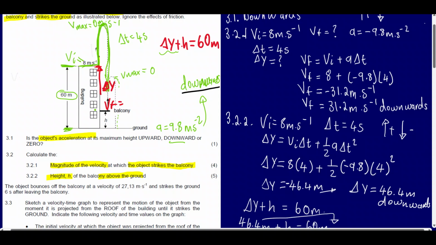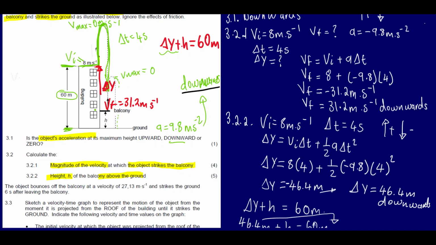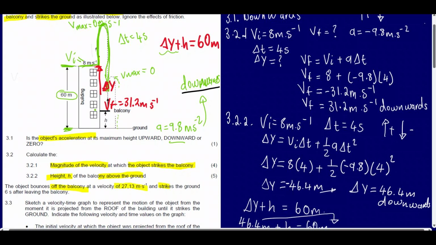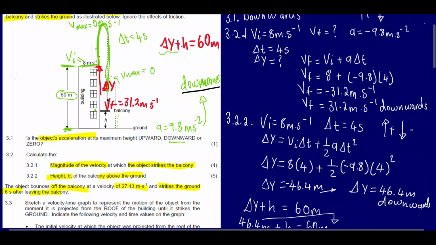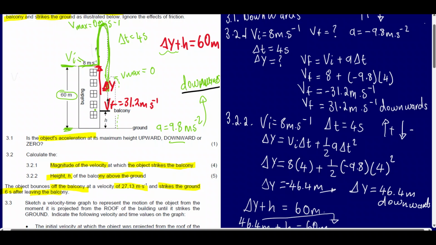So the velocity that it hits the balcony, which is the final velocity for the balcony, is 31.2 meters per second, right? On the statement here, they're saying that the object bounces off the balcony at a velocity of this much, and strikes the ground 6 seconds after leaving the balcony.